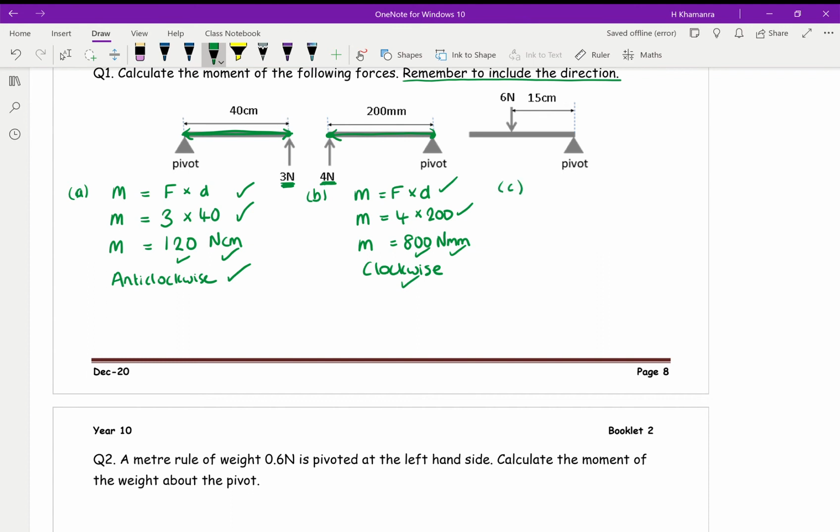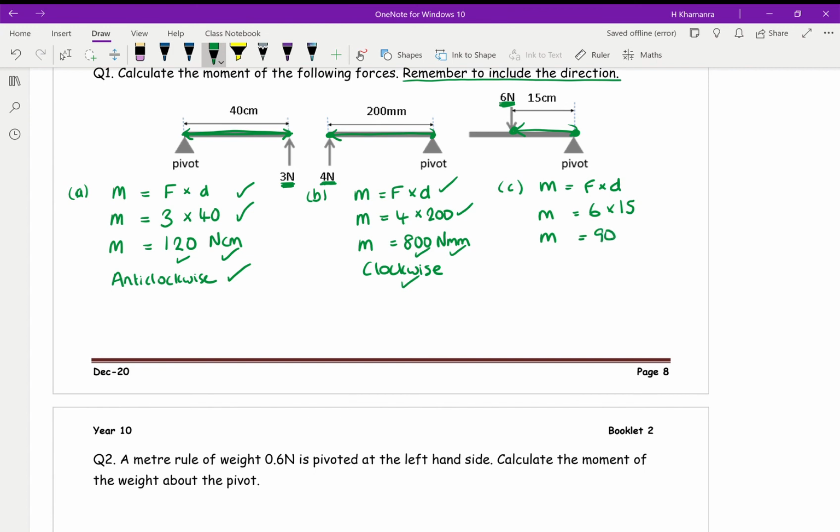Okay, and my last example here, moment equals force times distance is my equation. The force is, again, always measured in newtons, so that's going to be 6. My distance between the pivot and force is 15 centimetres, so I just put in 15. So I'm going to need my calculator for this one, sorry. 6 times 15 gives me 90.